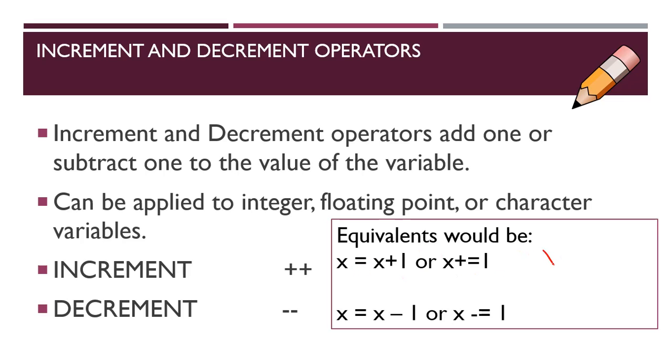So if I wanted to increment, I would go x plus plus. That's just me saying, hey, add 1 to x. That makes it a lot quicker, a lot easier to read. But again, if this doesn't work out in your brain, you have 2 other options to accomplish it. If I want to do decrement, it would be x minus minus. So that allows us to add 1 or subtract 1 to the value of the variable.